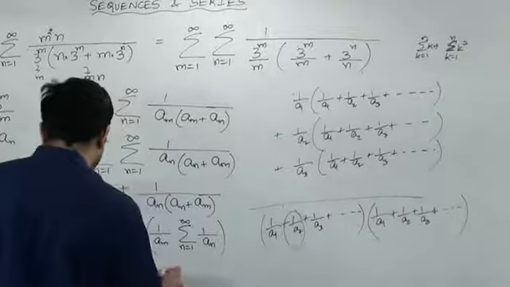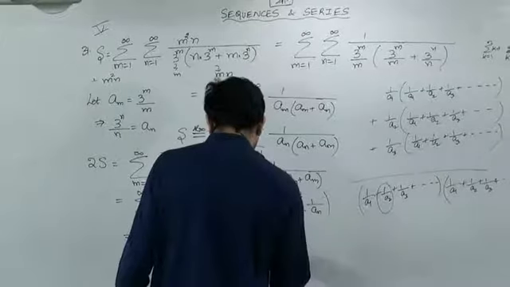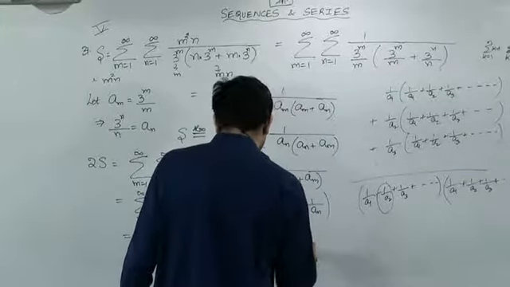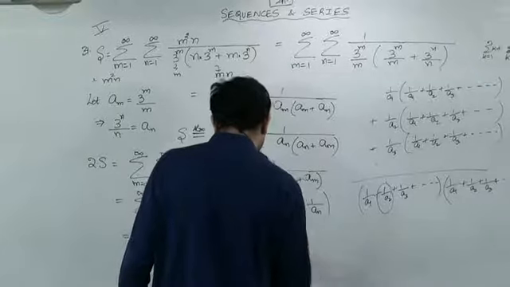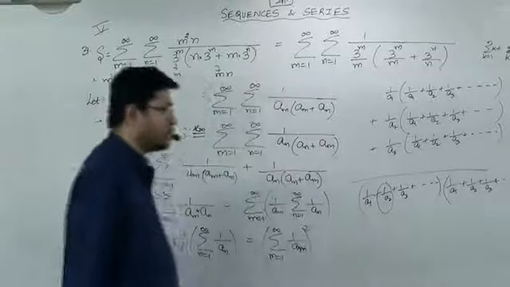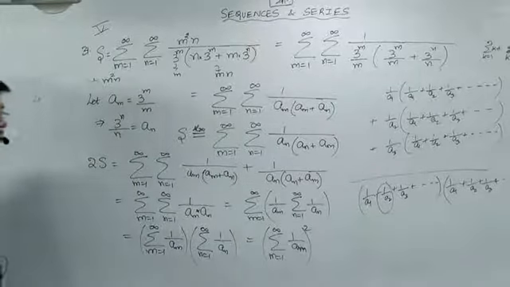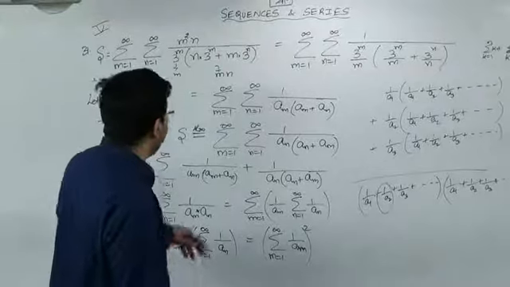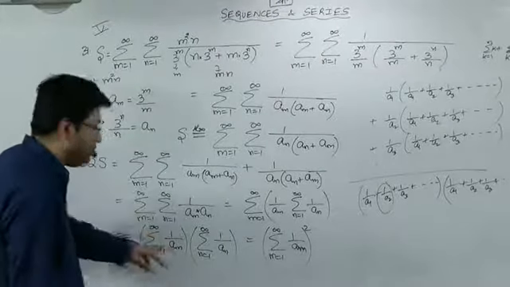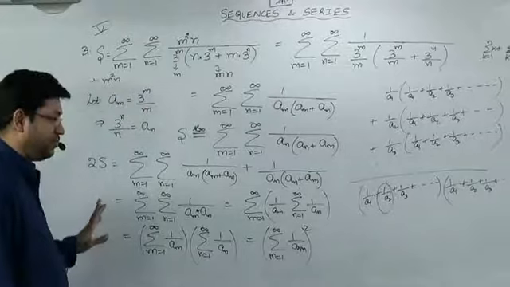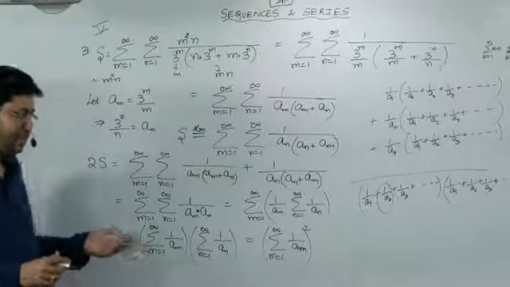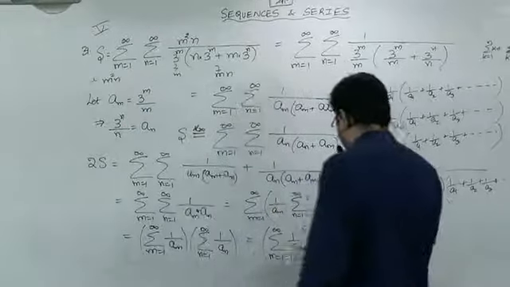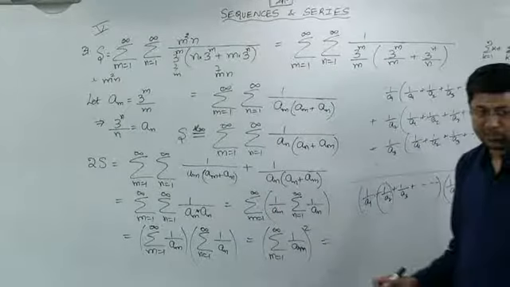So it is essentially, so far it doesn't matter whether we have written am or 3 power m by m. So far it didn't matter, but now for final summation we have to substitute as to what this am is.